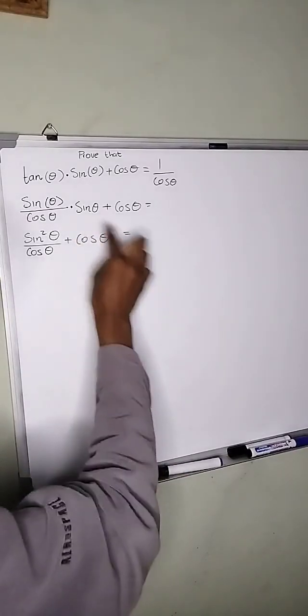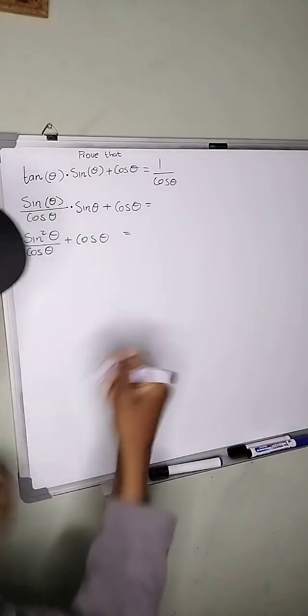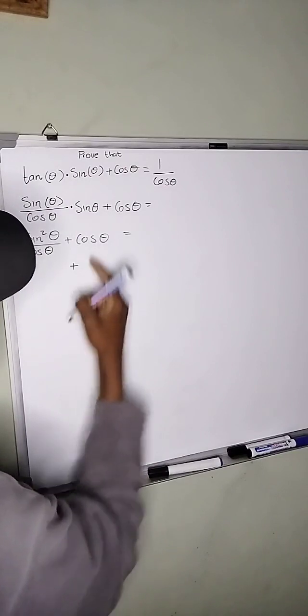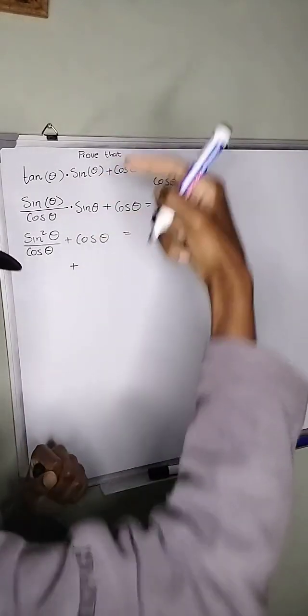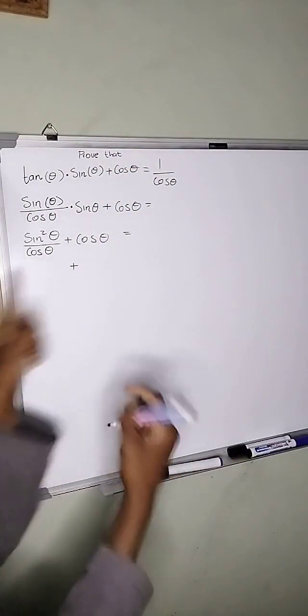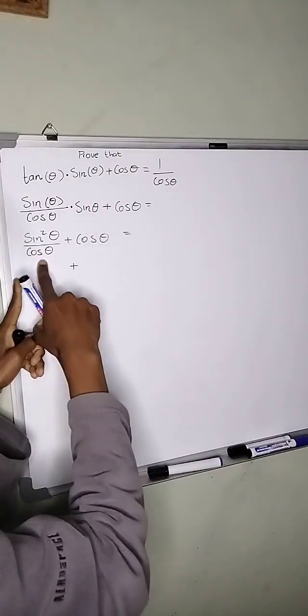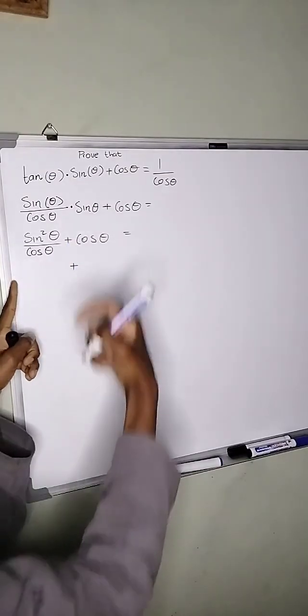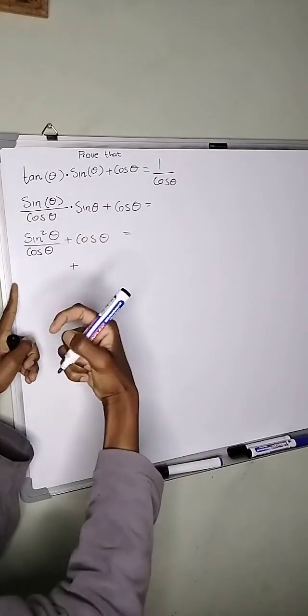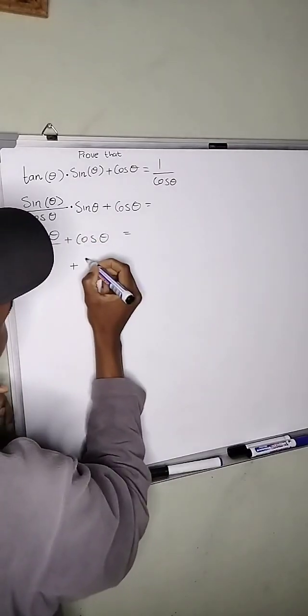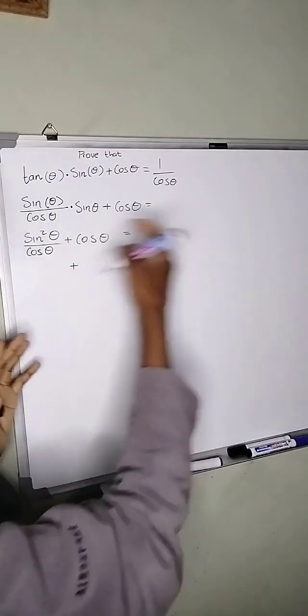So what am I going to do? I'm going to change this and multiply it by 1. I'm going to multiply this with cos theta over cos theta.